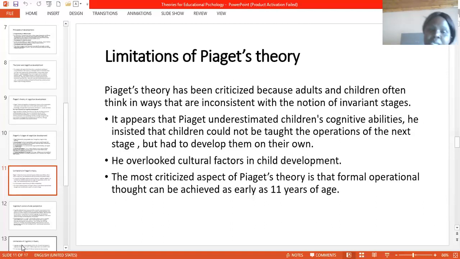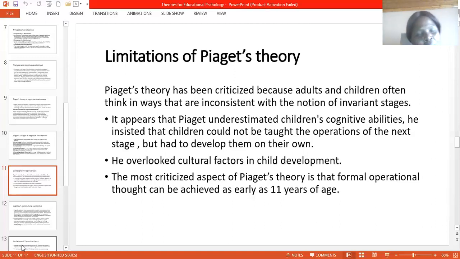The second limitation, he overlooked cultural factors in child development. In his theory, he never mentioned other factors that can affect a child's development.